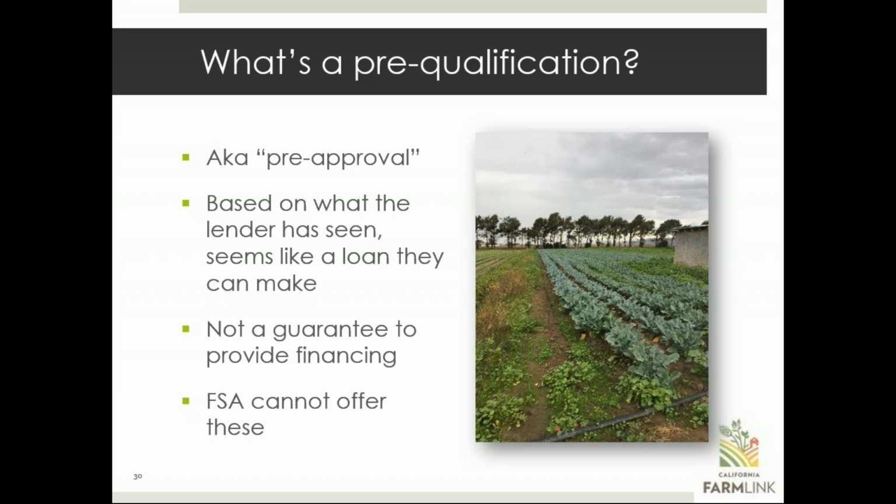So the process won't take long and there won't be any hiccups. Of course, it's not a guarantee that the lender will provide financing to you, but it is a good faith. We've looked at your records and it looks pretty good. This is not something that FSA can offer, but a lot of different financial institutions can, including FarmLink.